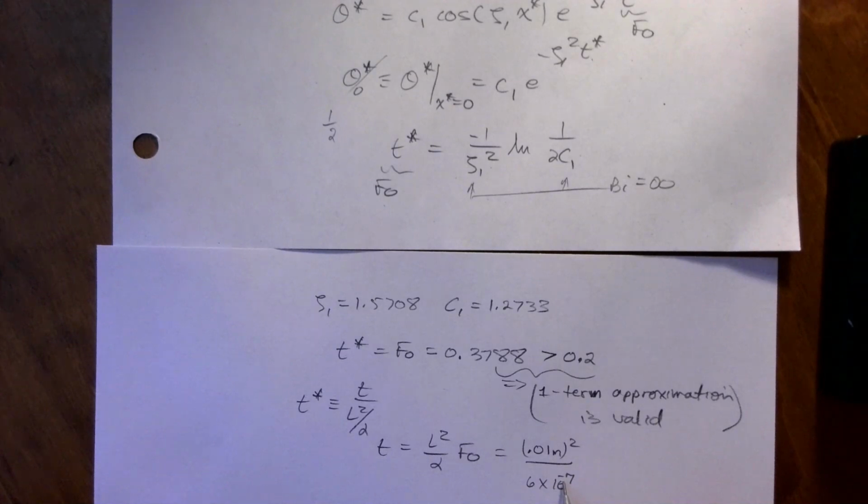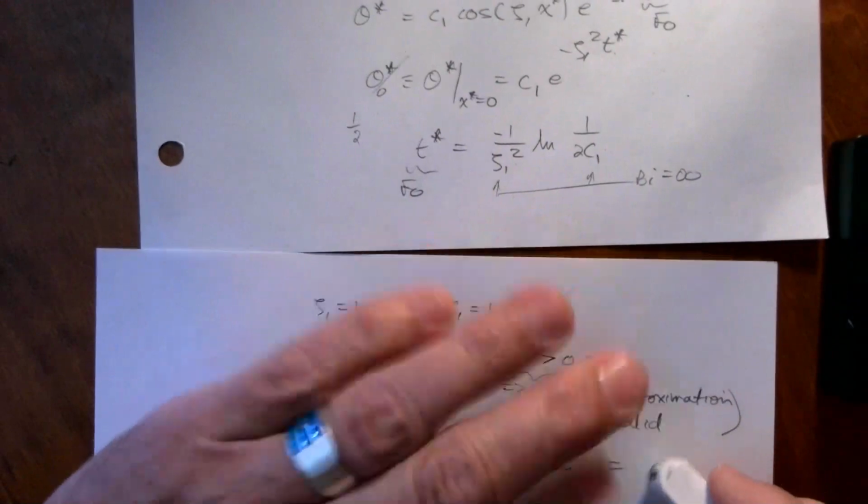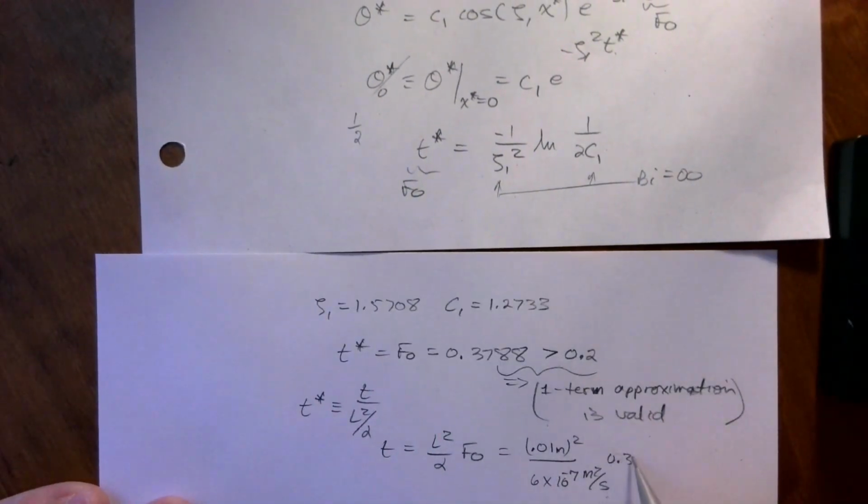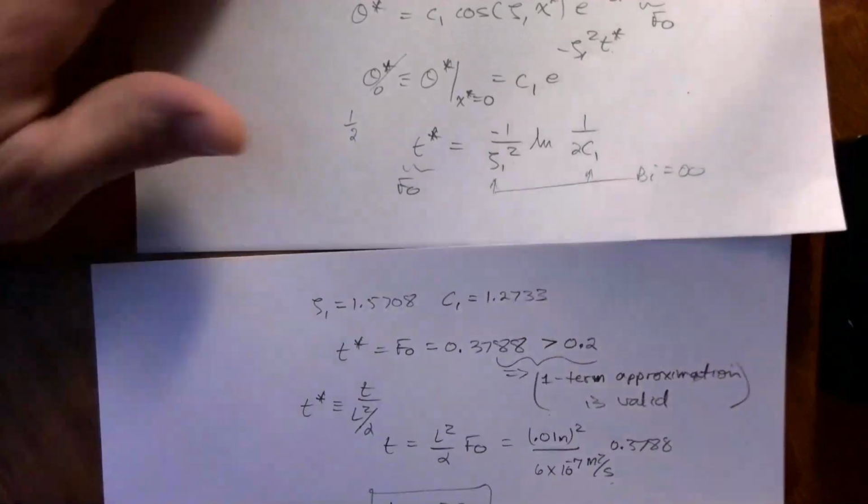Make sure you get that minus included. Meters squared per second. So notice the meters squared are going to cancel, and the seconds in the denominator of the denominator move to the top. I left off the Fourier number, which must also be included there: 0.3788. The final answer for the time is 63 seconds.